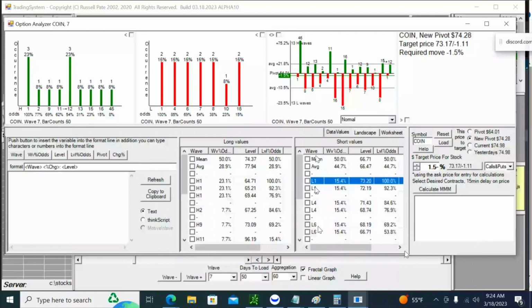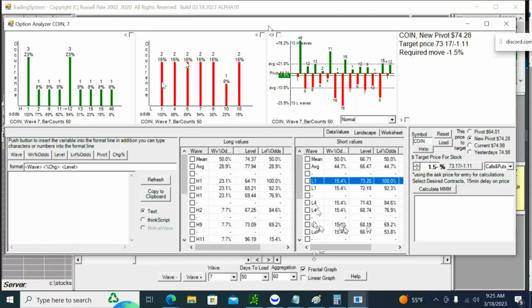showing the 6, the counts, how many 60-minute aggregations it's been inside there. So this has been 6. It's showing our odds, so 15.4. What that basically says is L6, that 15.4% up here, right here, is containing 68.19.